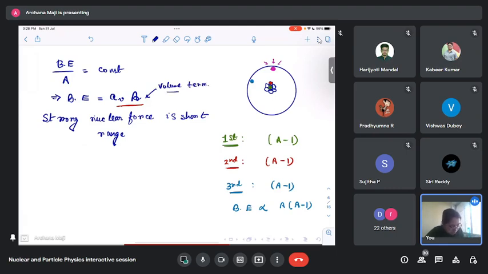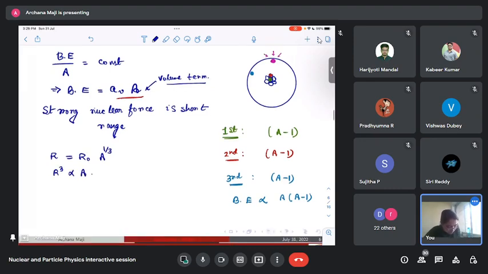Why is it called the volume term? Because as we saw in the earlier problem, R is equal to R naught A power 1/3. So R cube is proportional to A, right? Now the volume, if you consider the nucleus to be spherical, is proportional to R cube, and so volume is proportional to A. That's why this term is called the volume term.